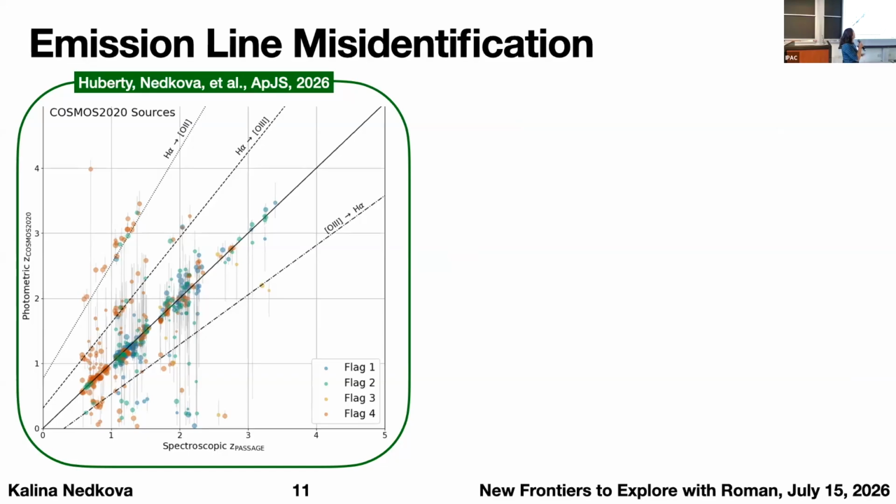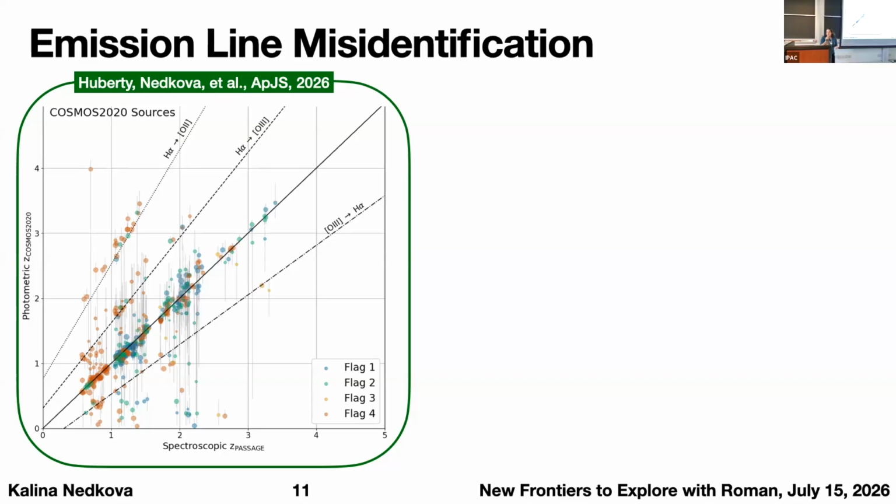But one thing that I'm worried about is that we can misidentify the emission lines that we measure. And so here I'm showing you work that was recently published where we took the spectroscopic redshifts that we measured from PASSAGE, and for the fields that also had photometric information from COSMOS, we used the photometry to derive the photometric redshifts of these galaxies, and so we compared the spectroscopic redshift to the photometric redshift.